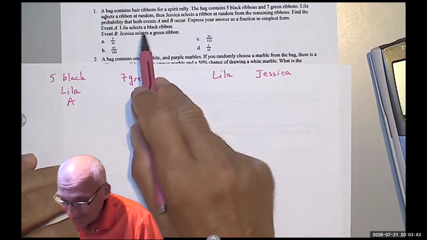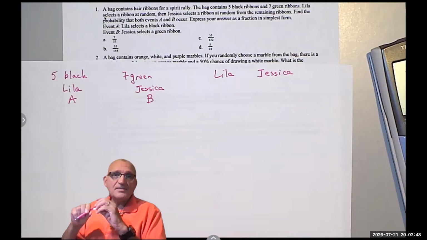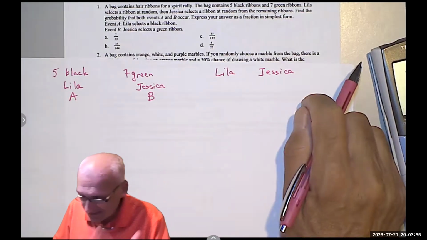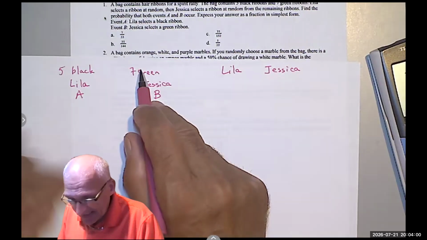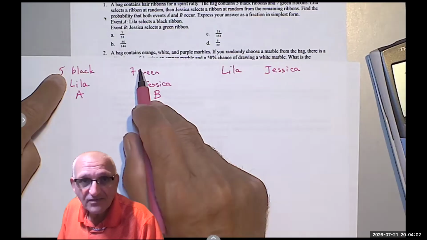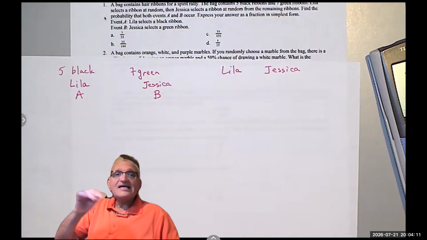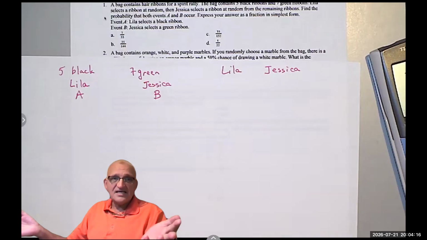You can think of it as, in the beginning, we had 12 ribbons, 5 plus 7, and Lila wanted to select one of the 5. Since the ribbons are in the bag, each one of them has the same probability of being selected as any other, right?